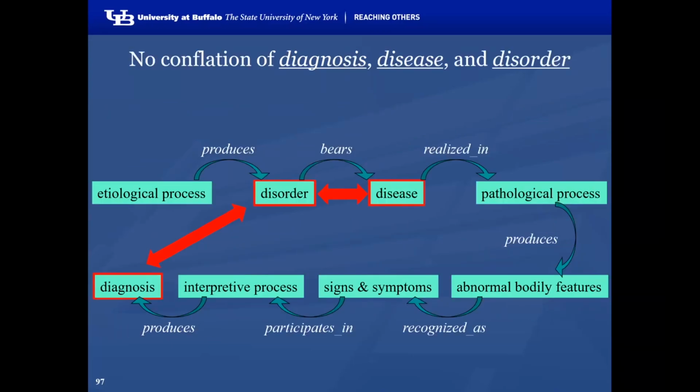Important part of the OGMS is that there is no conflation between diagnosis, disease, and disorder, okay? There are some classifications which have a name like classifications of diseases and diagnosis, okay? We distinguish disease from disorder, like you saw. SNOMED CT doesn't do that, okay? So everything there is under the disease hierarchy, but I think between parentheses, they write disorder.